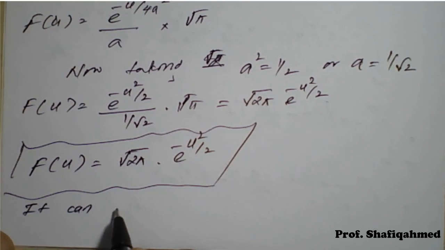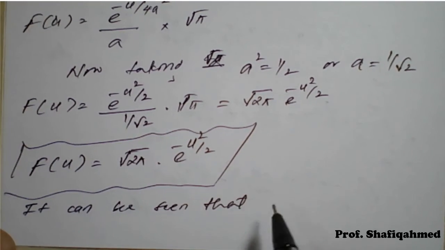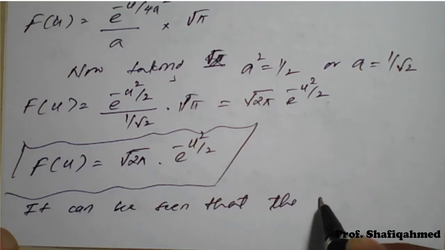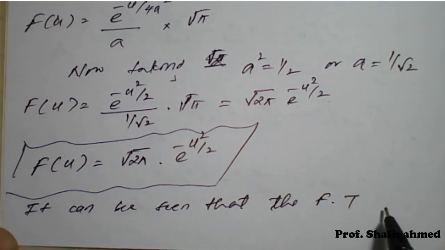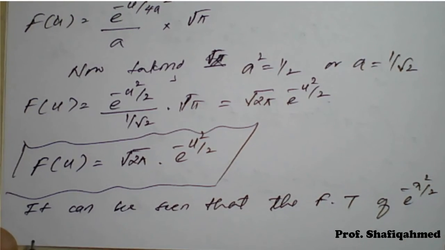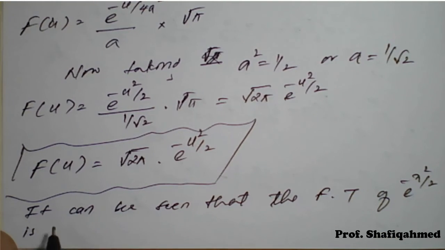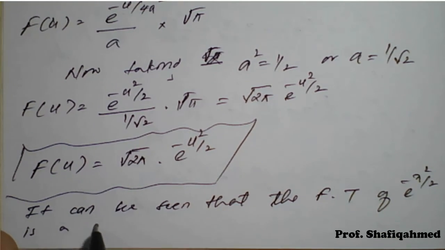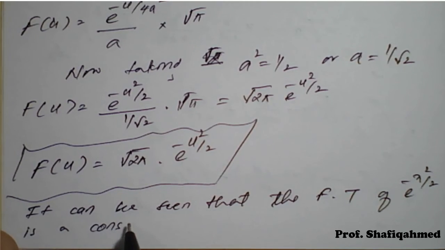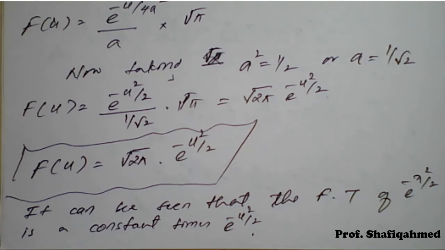So here it can be seen that the Fourier transform of e raised to minus x square by 2 is a constant times e raised to minus u square upon 2.